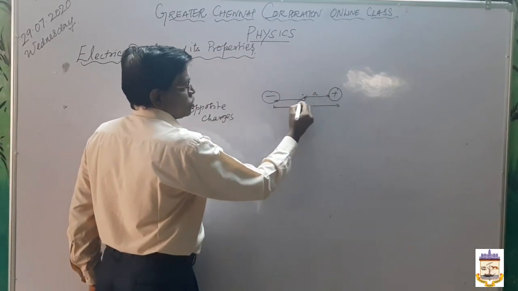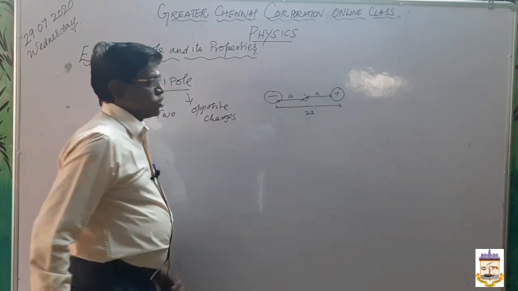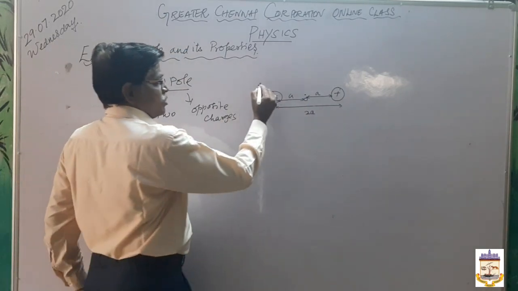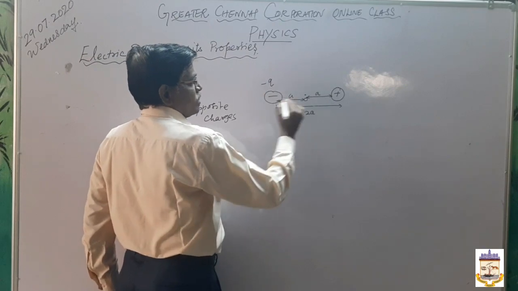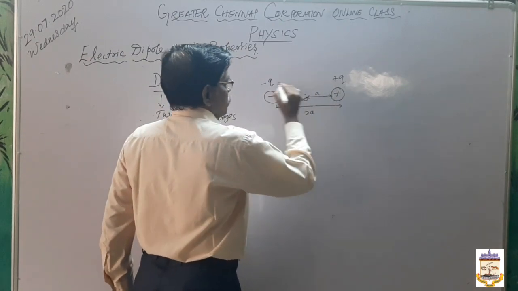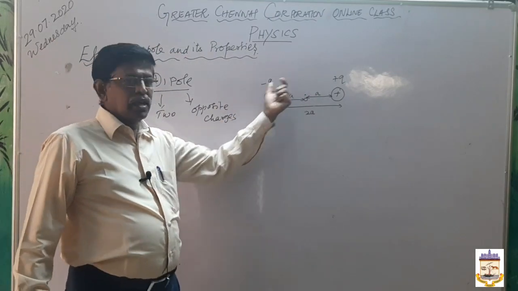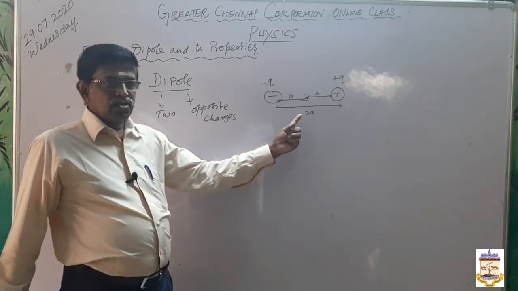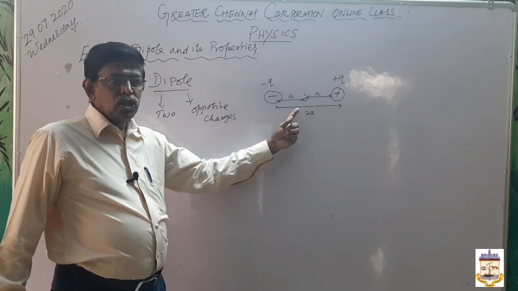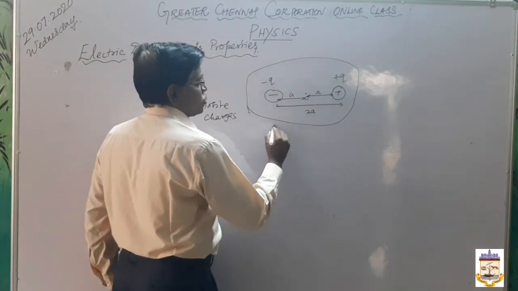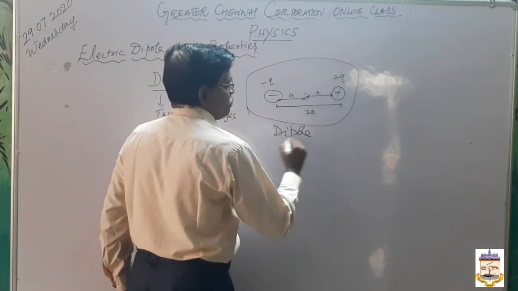From the negative charge to this point, the distance is a. So the total distance is 2a. This charge is minus q, this charge is plus q. They are equal in magnitude but opposite in sign, separated by a distance of 2a. This system is known as a dipole.